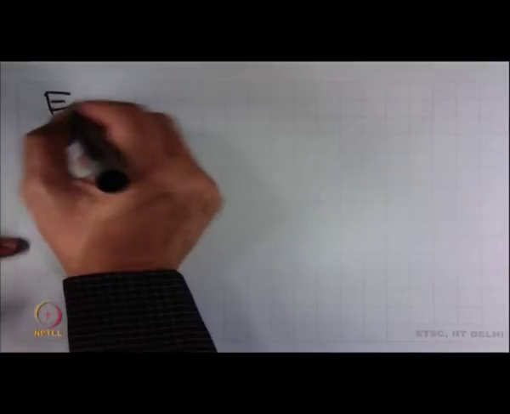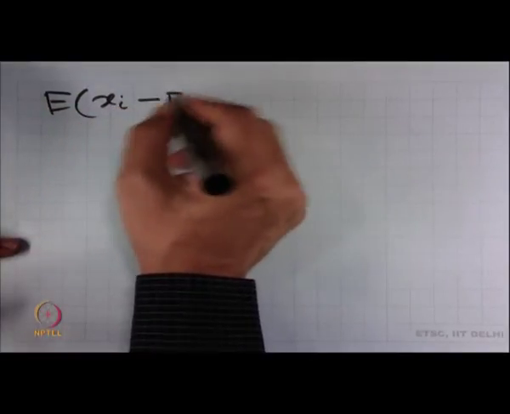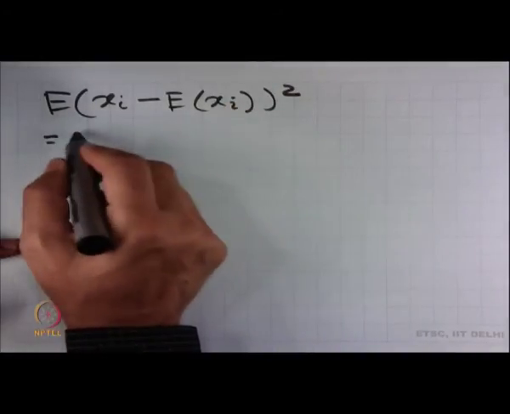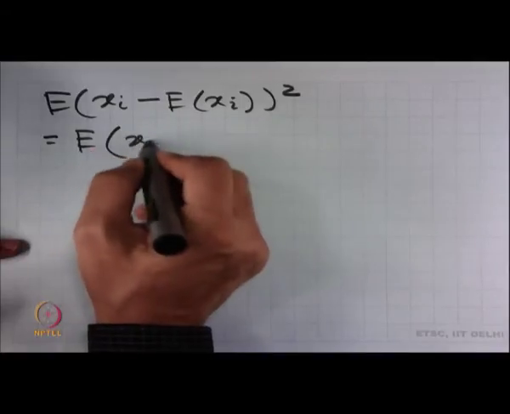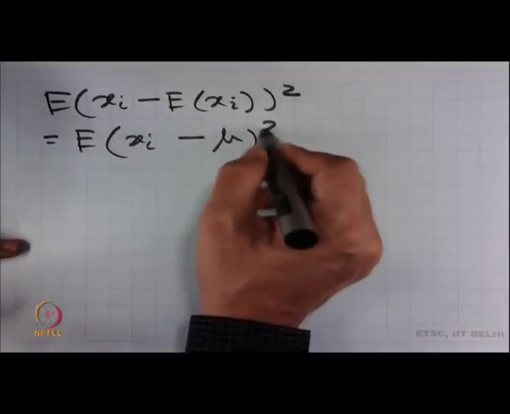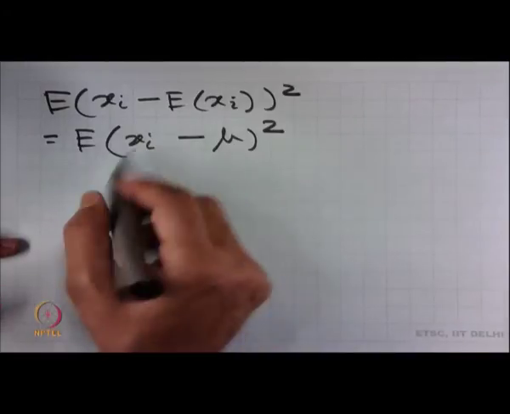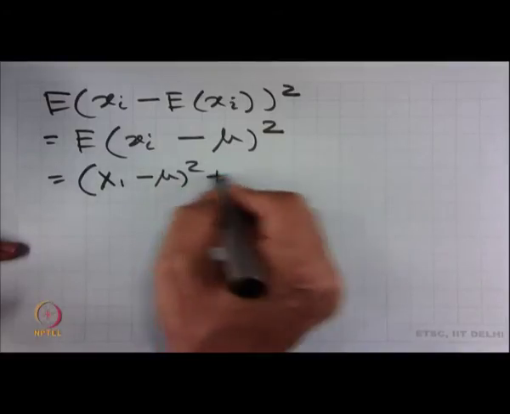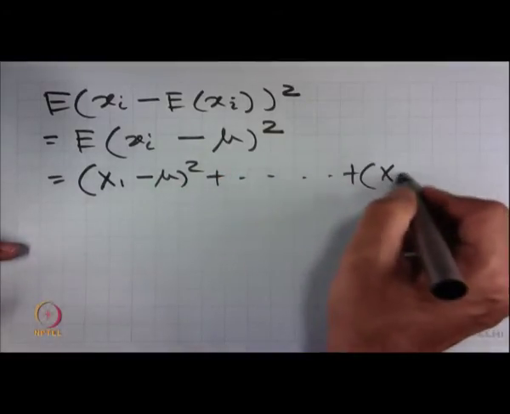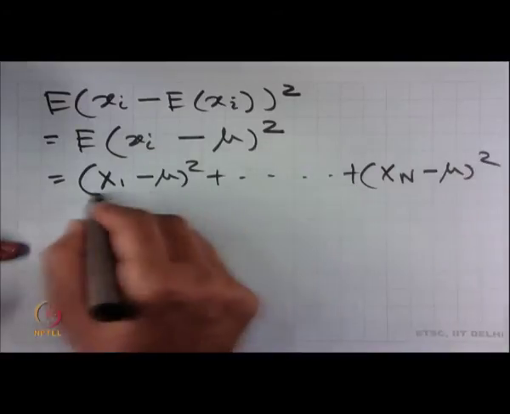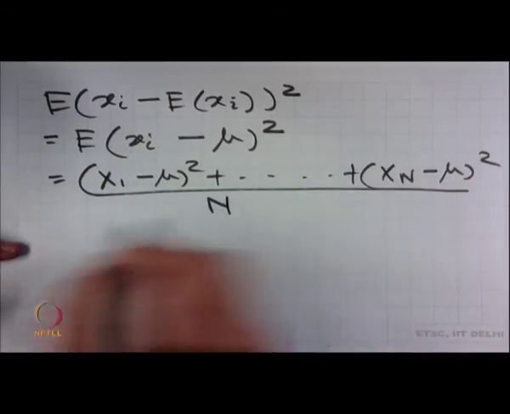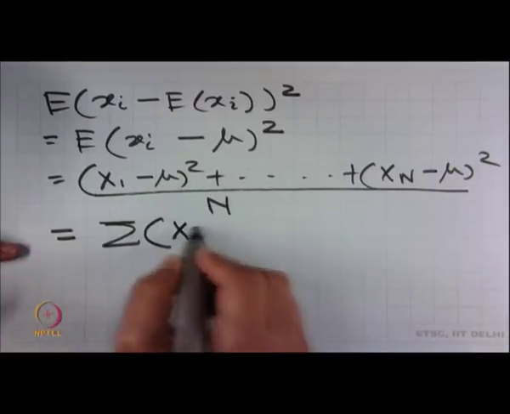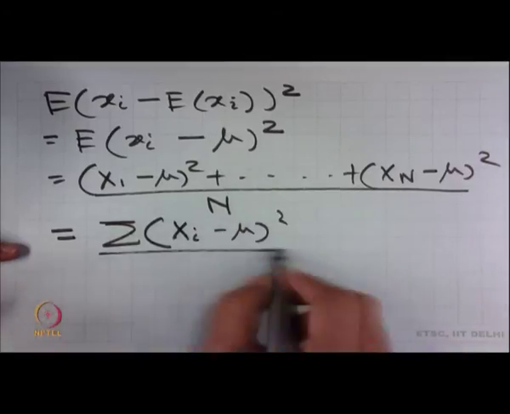Now, the expected value of xi minus the expected value of xi whole square is equal to the expected value of xi minus mu whole square, which is equal to x1 minus mu whole square plus xn minus mu whole square divided by n, which is equal to sigma xi minus mu whole square by n.